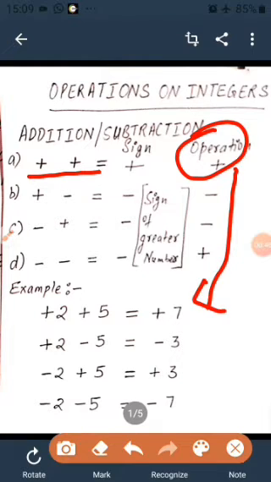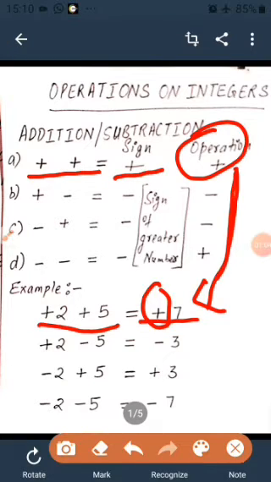If you have two positive integers, plus 2 and plus 5, then the answer will be plus 7. So the sign will be positive. And what operation have we applied here? Plus 2 and plus 5. On adding 5 and 2, we are getting plus 7.